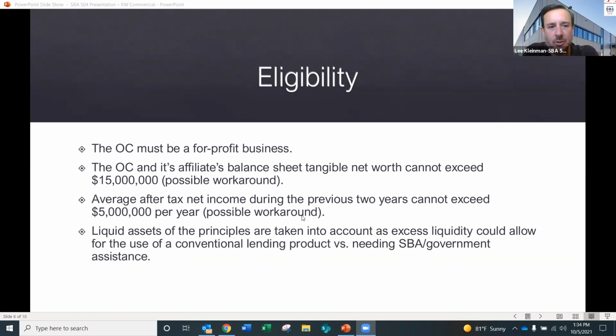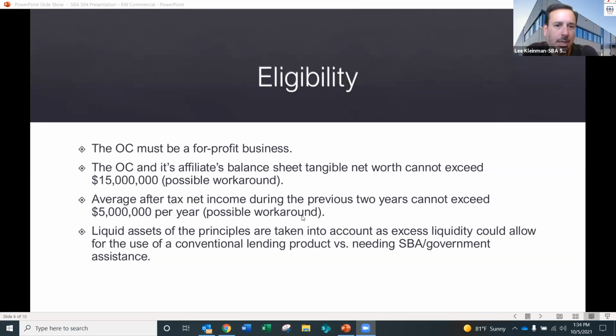Their balance sheet tangible net worth was like 18 million. But because they were a manufacturer, we could use the 7A size standards, and the 7A size standards say, in this regard, as long as there's less than 750 employees, then it's eligible. So that was the workaround for that.